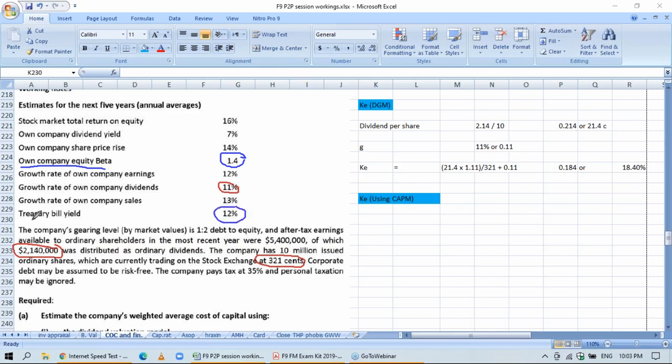The treasury bills are usually risk-free. So risk-free rate is 12%, and the market return is also given in the question, which is 16%. That's the market return. 16% in blue. So in blue, you can look at the plug-in figures of the capital asset pricing model.